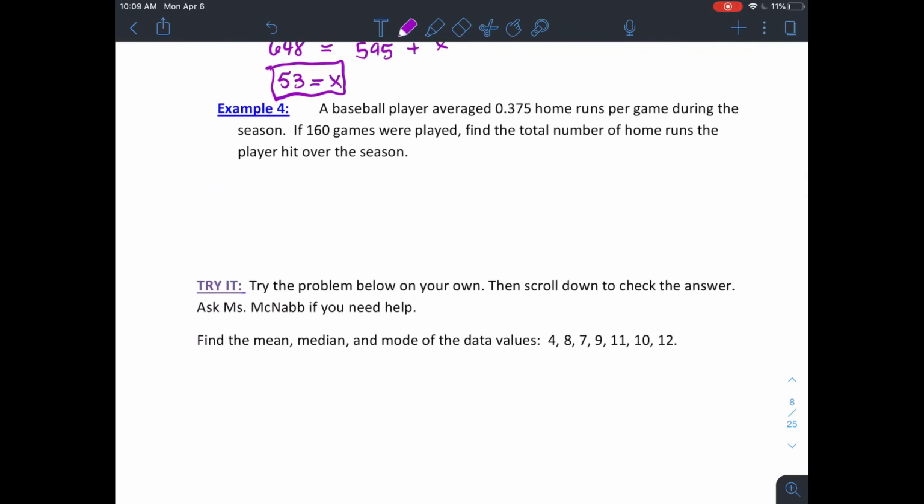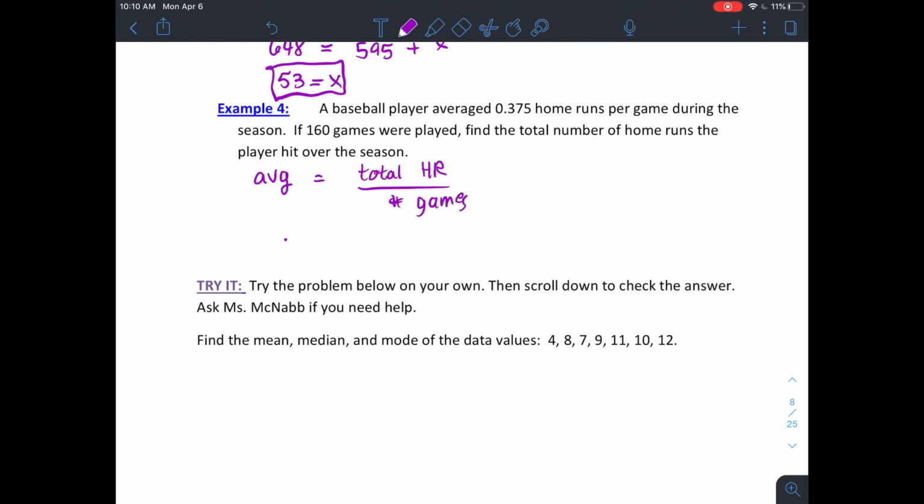Okay, a little baseball. A baseball player averaged .375 home runs per game during the season. And if we played 160 games, we want to find the total number of home runs that the player hit during the season. So if you think about his average, that comes from his total home runs divided by the number of games.